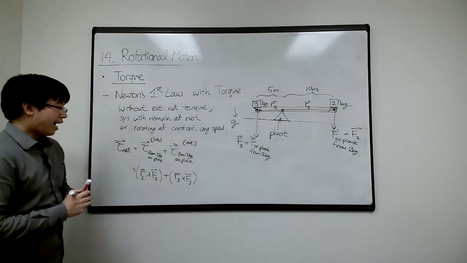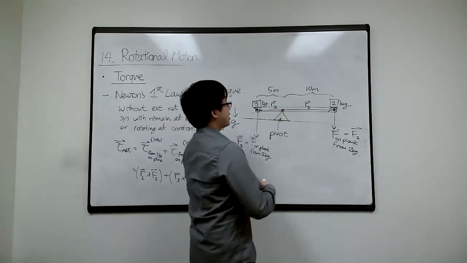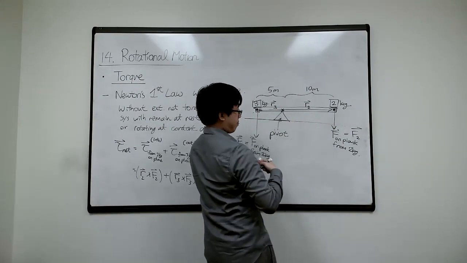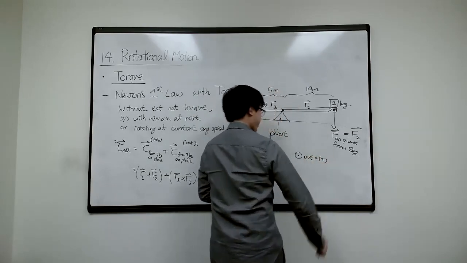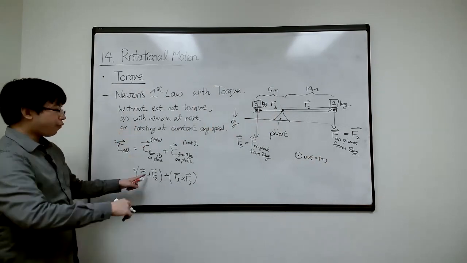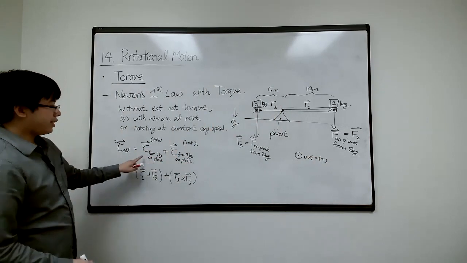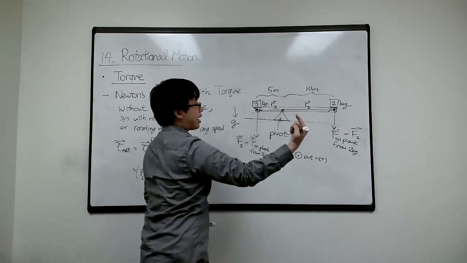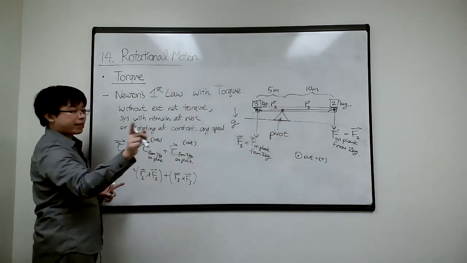Let's call this axis, out of the board, positive. You can make a choice, so call it out equals positive. Both of these torque vectors lie along the in and out direction of the board, so it's basically a one-dimension problem.